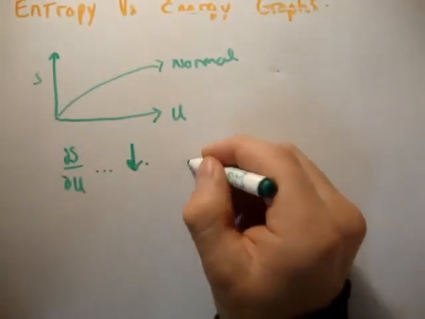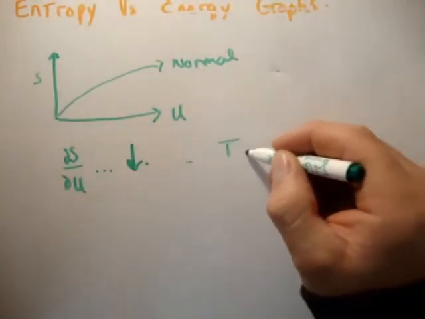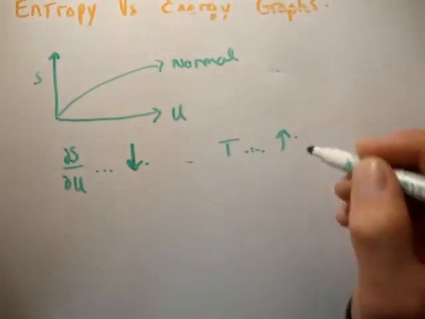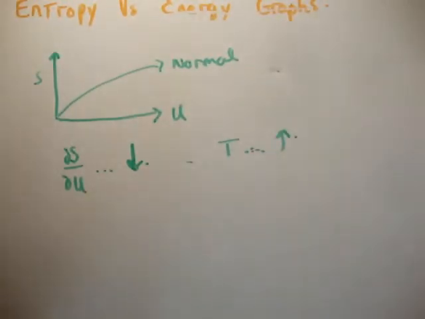That means temperature is going up. So the temperature is going up as the slope slowly gets smaller, or the rate of change of S with respect to U slows down. And that's what we call a normal system. And in life, your kettle, for example, will operate that way, because that's what we understand. We've seen that. So that should be no big surprise to anybody.